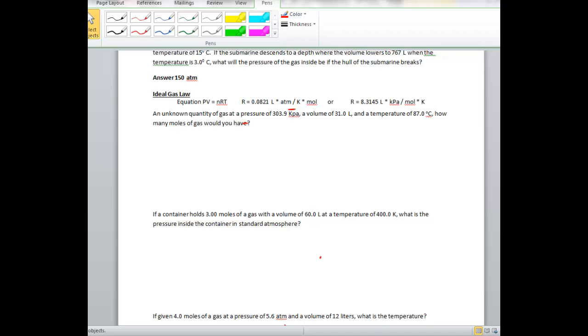So what we can do is just identify some of our variables. So here's a P, here's a V, here's a T, and it looks like we're searching for moles.